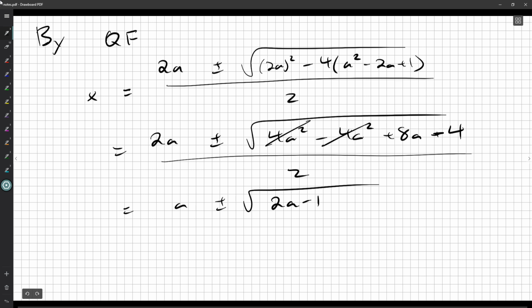So for x to be an integer, we need 2a minus 1 to be something squared. We also need, if they want x to be less than y, that implies that 2a minus 1 isn't 0.